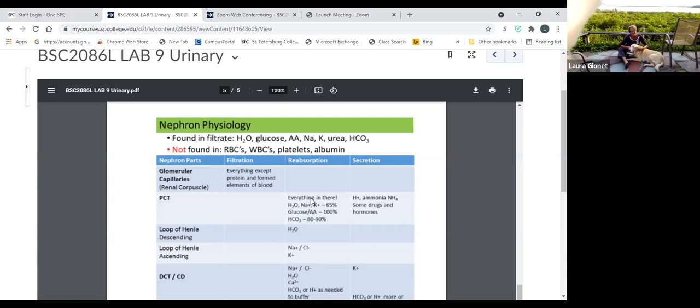Reabsorption is material going from the filtrate back into the blood, being transported through the vasa recta or the peritubular capillaries. Or perhaps more material in the peritubular capillaries or the vasa recta still needs to be secreted into the filtrate, and that would be secretion. So not everything is going to be reabsorbed or filtered out in the glomerular capillaries.